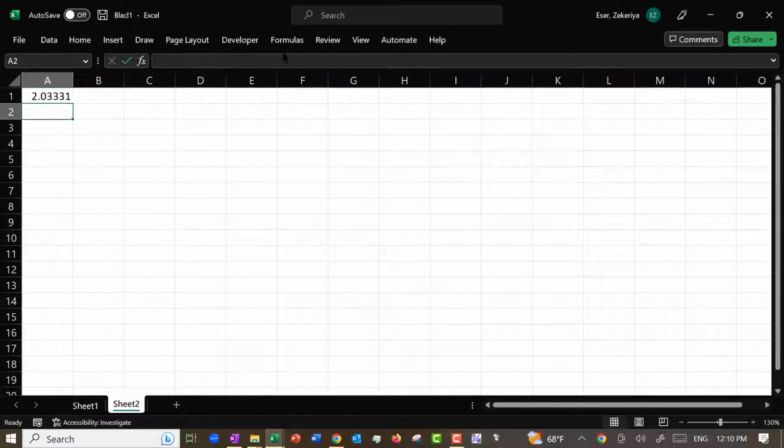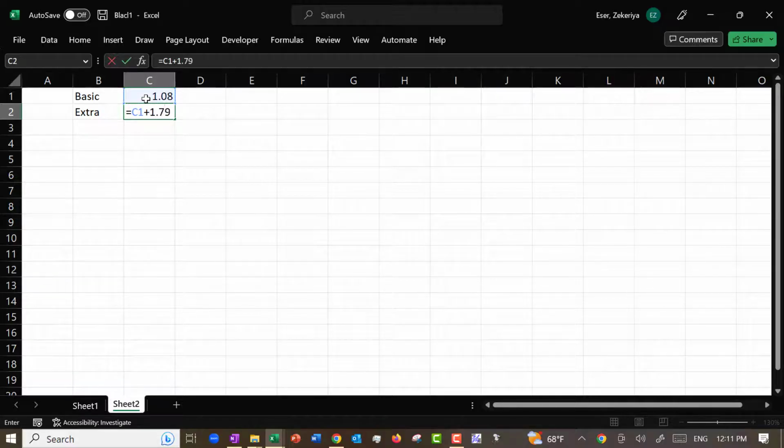This is just the excess part. Or alternatively, let's say basic return is 1.08, extra is 1.08 plus, no, 0.15, I'm sorry, if you're doing monthly. Let's calculate the value of $1 invested for 40 years at that rate.